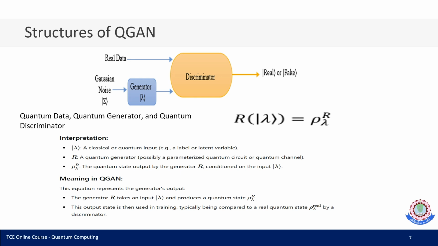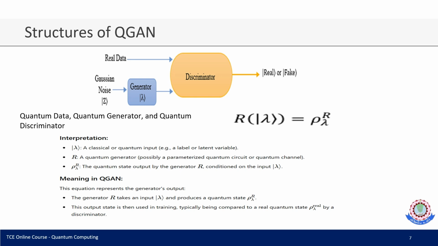It is represented as G(ket lambda) equals rho sub lambda to the G. In terms of interpretation, ket lambda is a classical or quantum input, a label or a latent variable, and the quantum generator is possibly a parameterized quantum circuit or quantum channel.